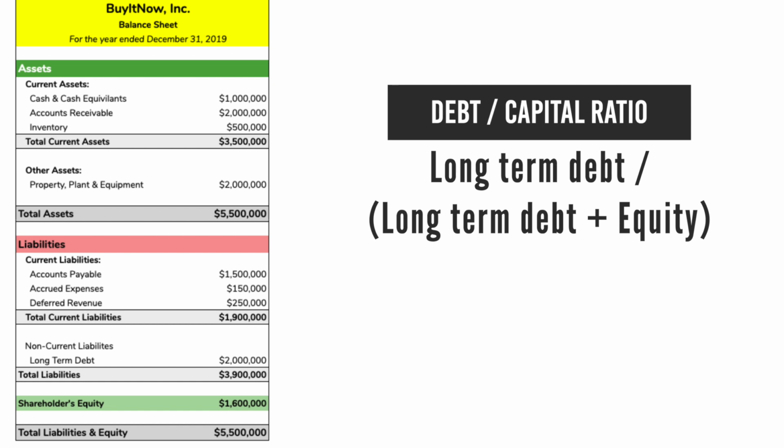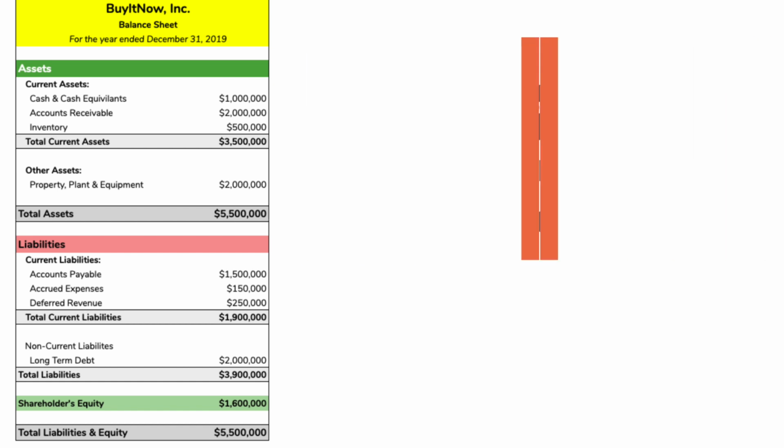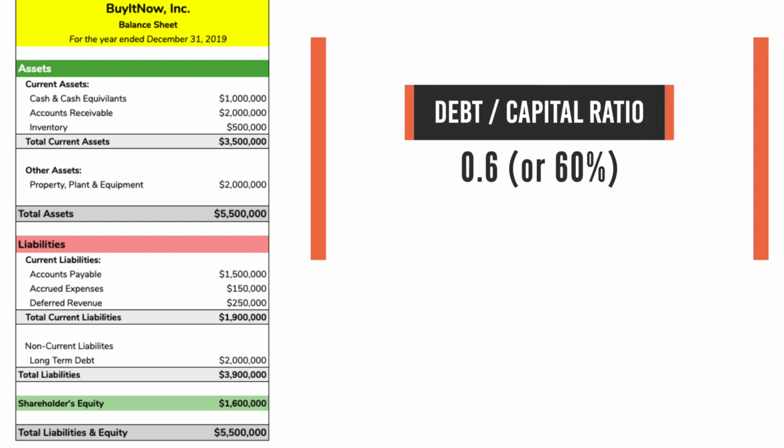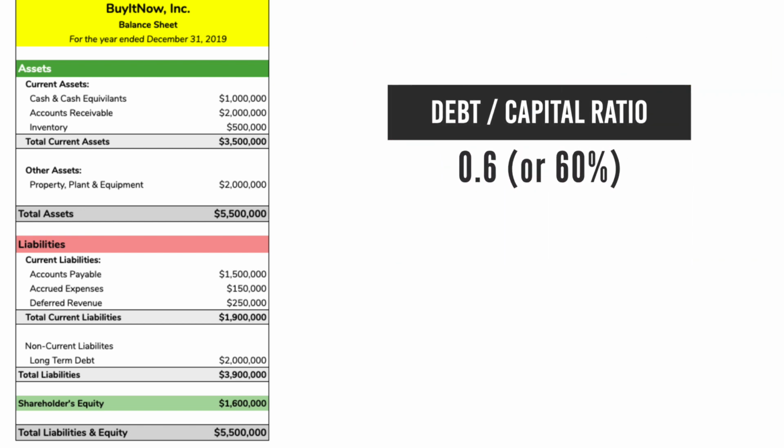The long-term debt in this case, if you look at the balance sheet, is $2 million, and if you divide it by the total capital deployed, which is the same $2 million of long-term debt plus equity, it gives $2 million divided by 3.6 million, or a ratio of 0.6. You can read it as 0.6 or 60%, which says that 60% of total capital raised is coming from debt. So this gives you an idea of how much of the total capital deployed in the company comes from debt, and it is 60%.